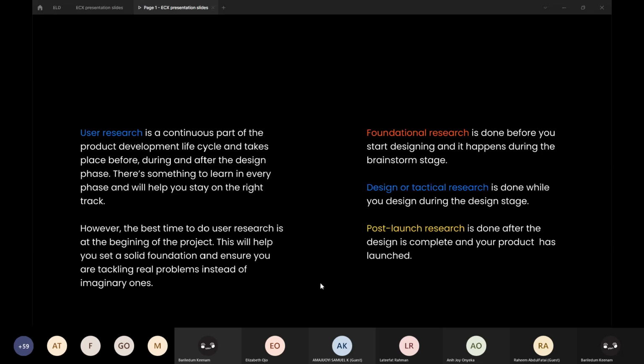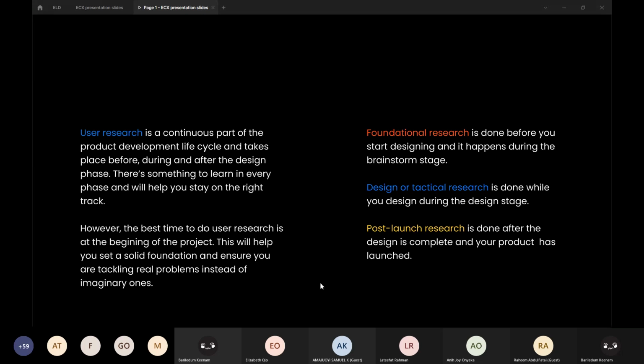The next is design, which is also known as tactical research. It is done during the third phase of the product development lifecycle, that's the design stage. This is done to make sure that your design aligns with the user needs. When you're done prototyping a design, you have to conduct research to see if users can actually use this product. Can they navigate through this product?